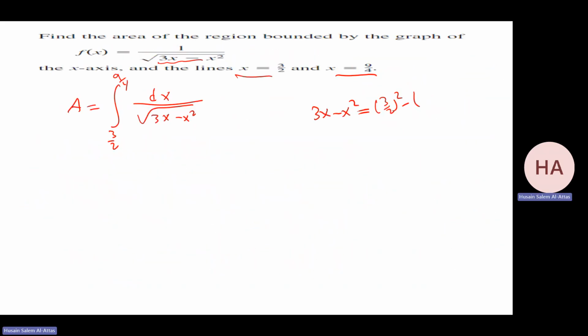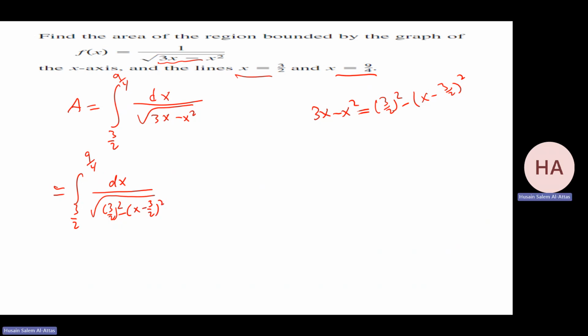So I have the integral from 3 over 2 to 9 over 4 of dx over the square root of 3 over 2 squared minus x minus 3 over 2 whole squared.